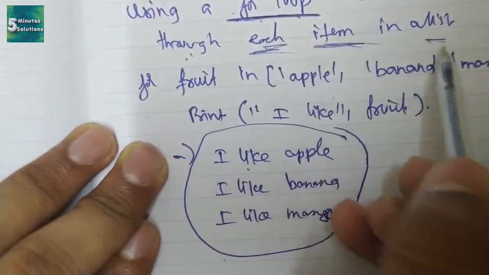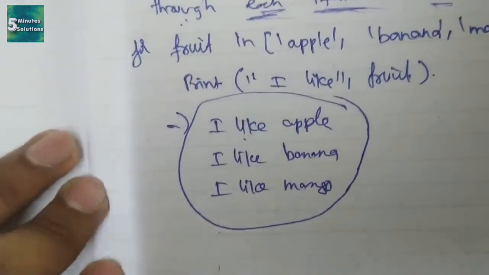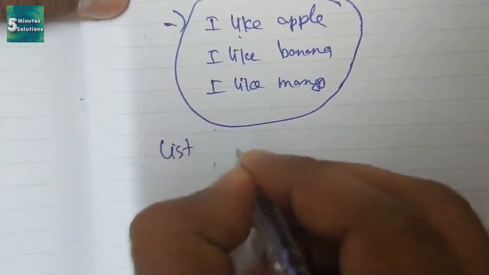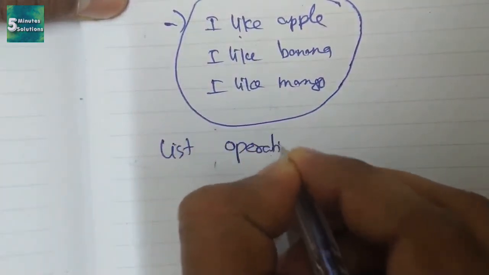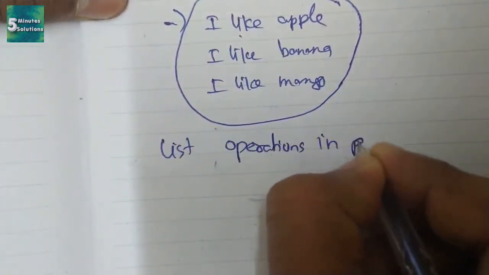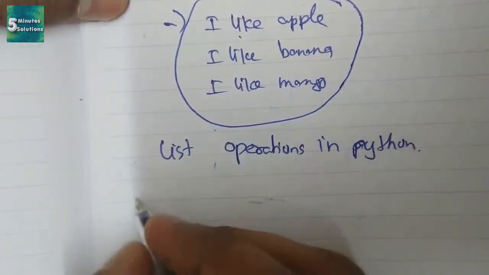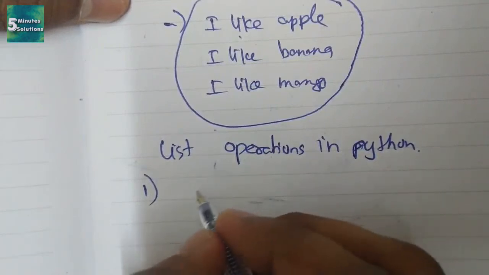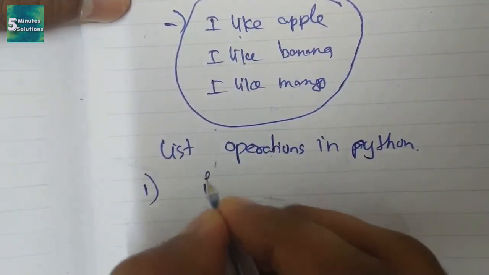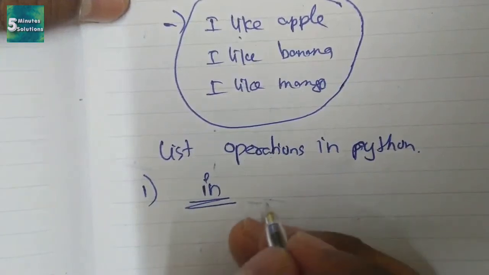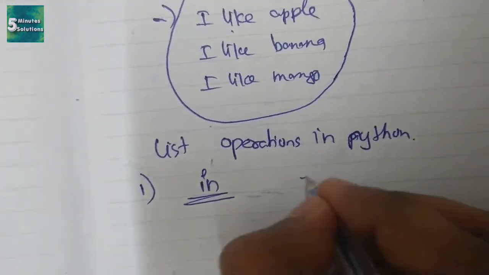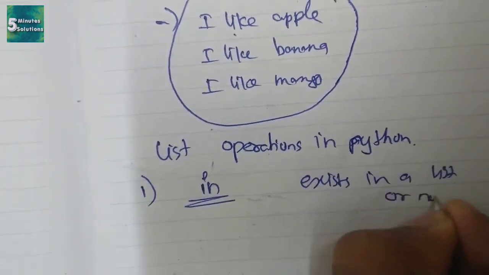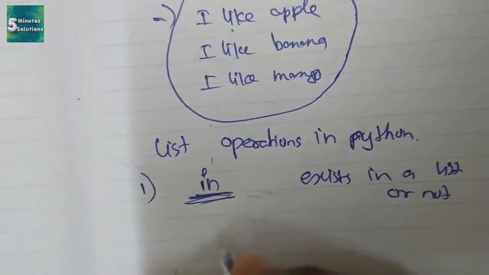Now let's discuss some list operations in Python. We can test if an item exists in a list or not by using the in keyword. Let's take an example.